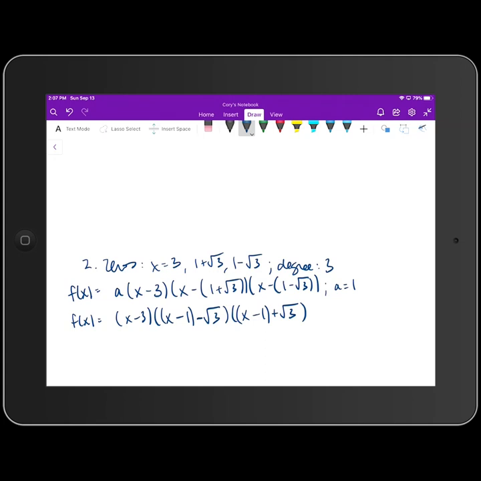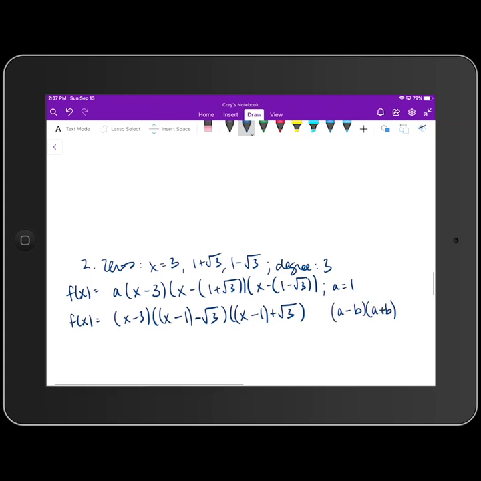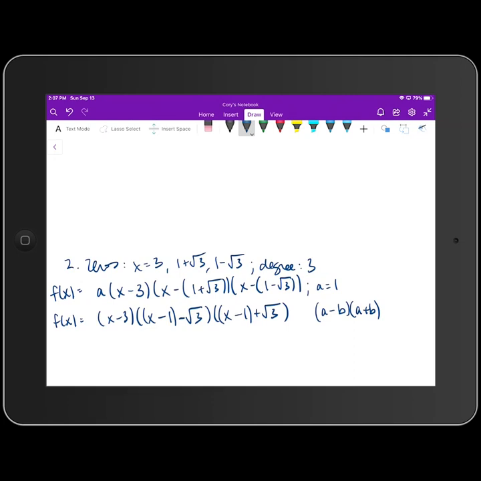So when you look there, you have something of the form a minus b times a plus b. And you guys should know that if you multiply something times its conjugate, a minus b times a plus b, that's going to give us the difference of two squares. That's going to be a squared minus b squared.